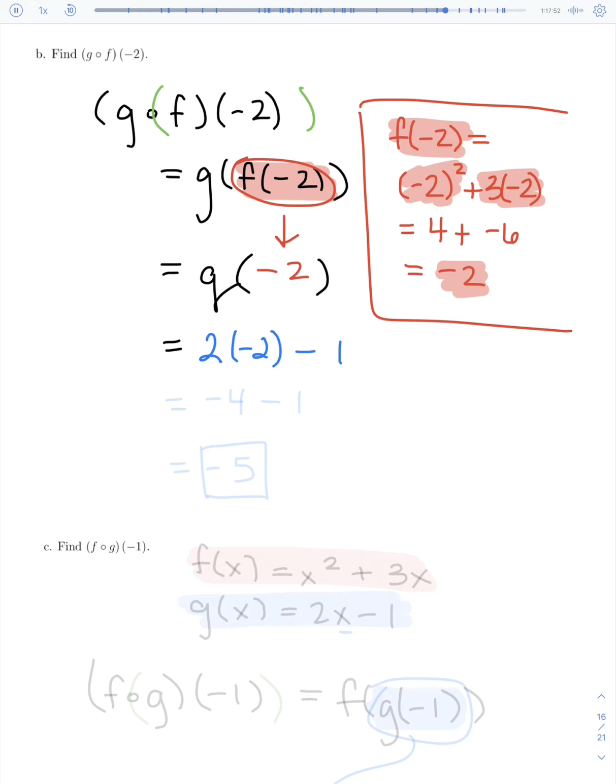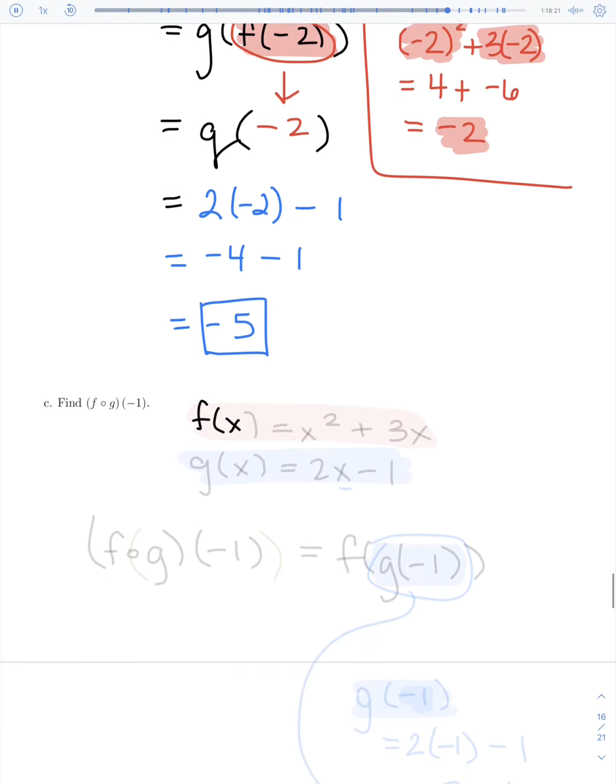Well, that gives us 2 times negative 2, which is negative 4. Minus 1 now is going to give us negative 5. And that will be our final answer for this one. But we're done. Notice these are actually easier because we have actual tangible numbers we can plug in. That's kind of nice.